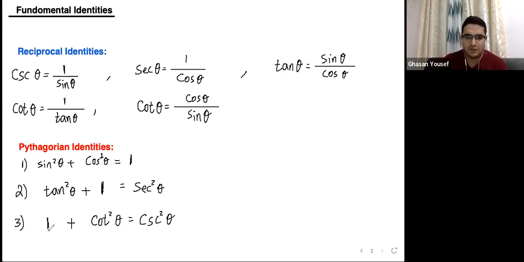All of them, number 1, 2, 3, are called the Pythagorean identities.